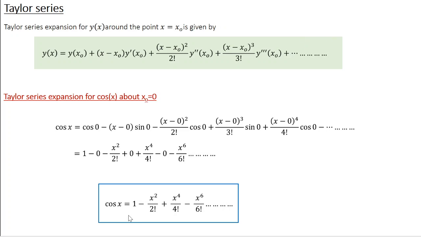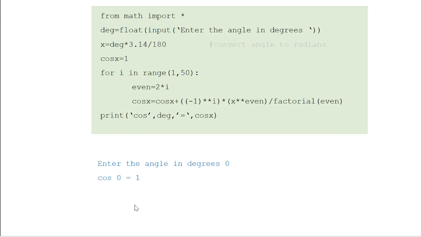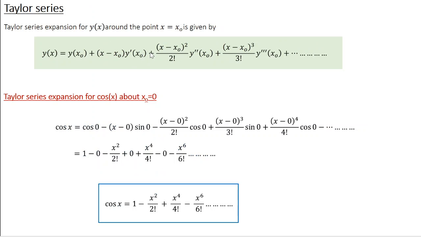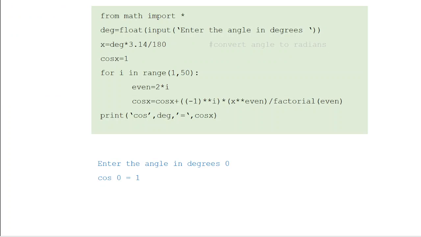Now cosine series starts with value 1, so I'm going to initialize cos x equal to 1. Now I need to decide the number of terms, so I can choose a safe number like 50. So I'm going to initiate a for loop with 50 terms.